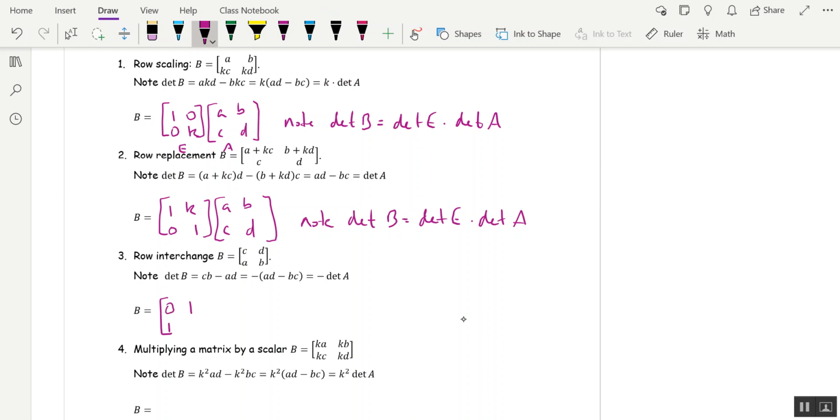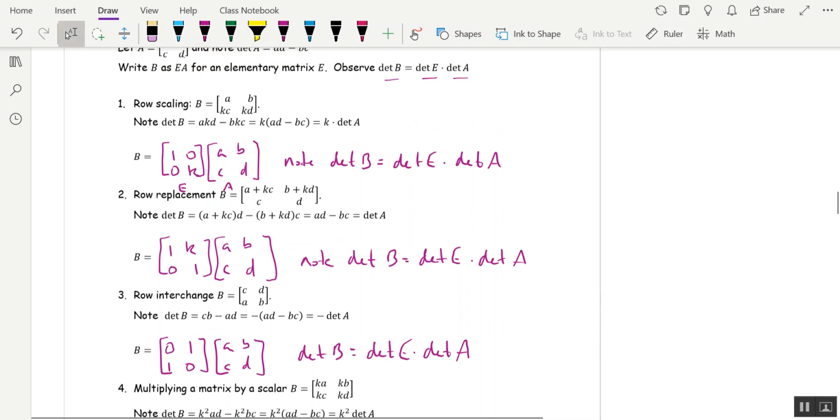This is the swapping matrix, and then A, B, C, D. And the determinant of B is negative 1 times the determinant of A, which is the determinant of E times the determinant of A. By the next class, we'll be able to show if you have any two matrices and you multiply them together, their determinants multiply also.